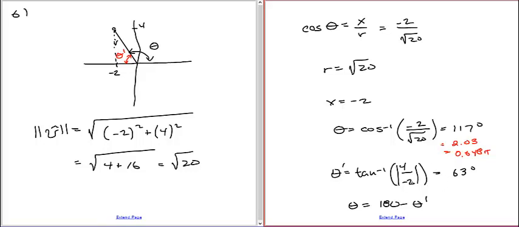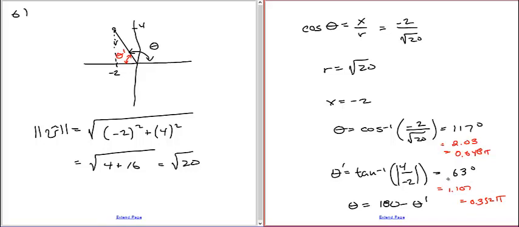So down here, if you did it in radians, you take the inverse tangent of 4 divided by 2, which is 2, which is 1.107 radians. And if you divide by pi, you get 0.352 pi radians. So if you take 1.107 times 180 divided by pi, you get 63 degrees.